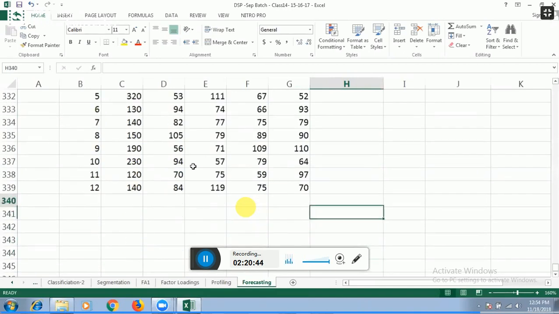I want to find out my 13th quarter, what is this value. Assuming that for my 13th quarter, I also have values of x1, x2, x3, x4.